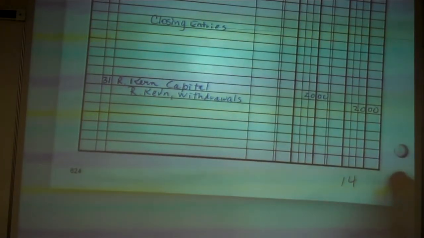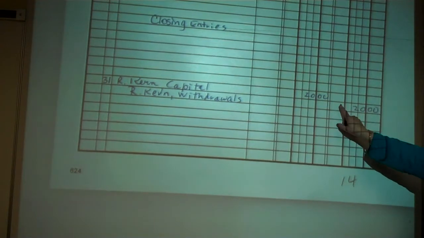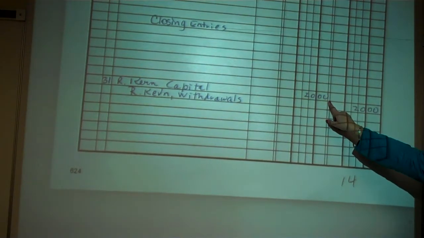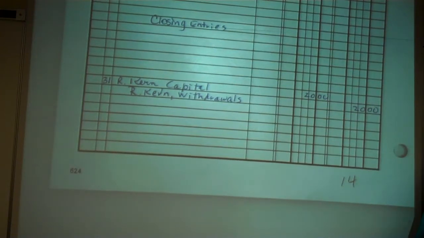How do we bring it to a zero then if it has a normal balance on the debit side? With a credit. And what are we closing the withdrawal to? To the capital account. A debit to our current capital, a credit to our current withdrawal.